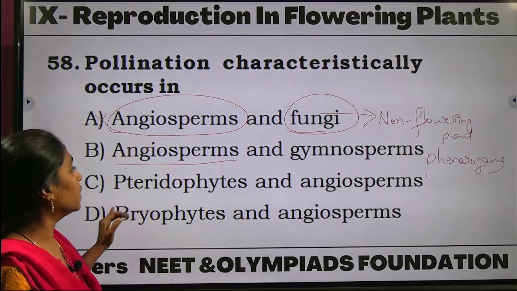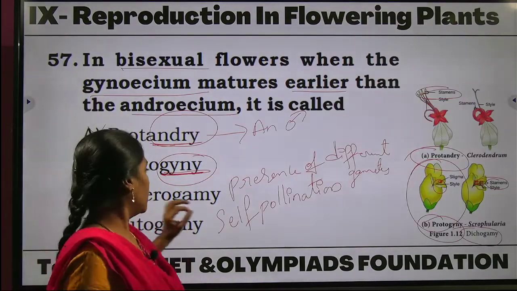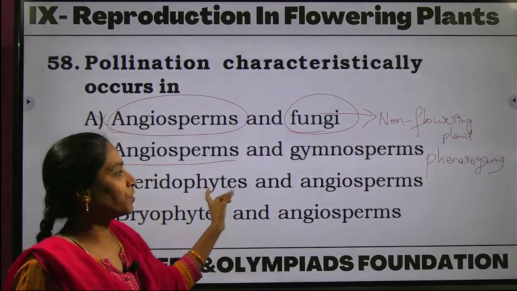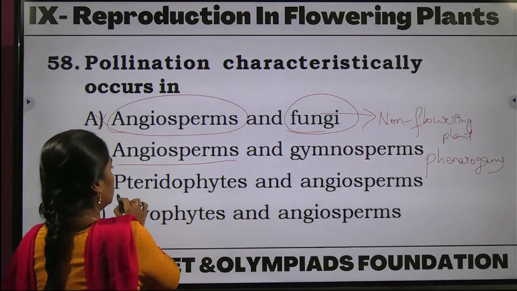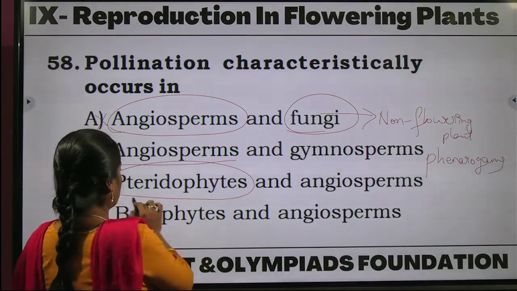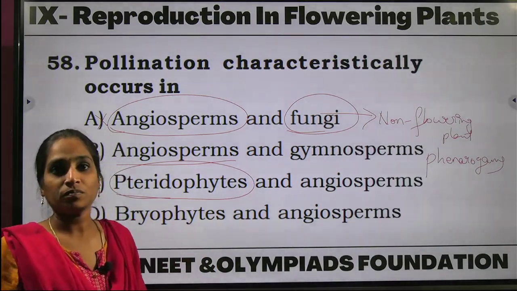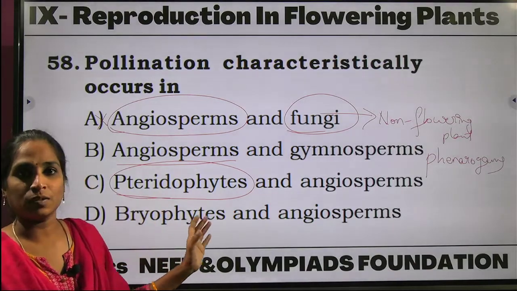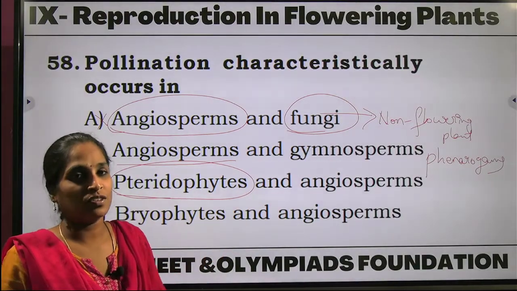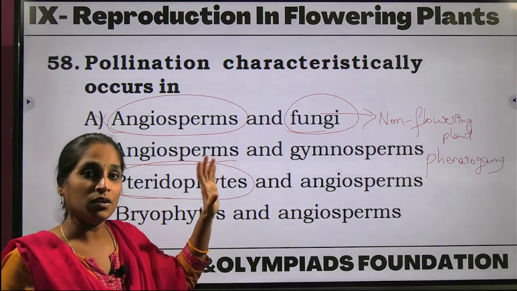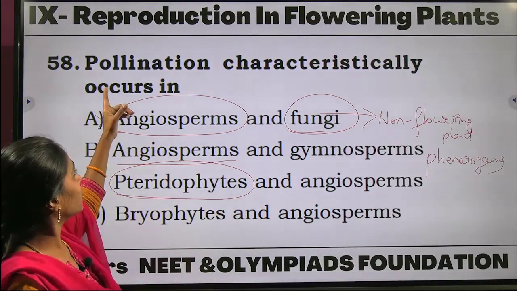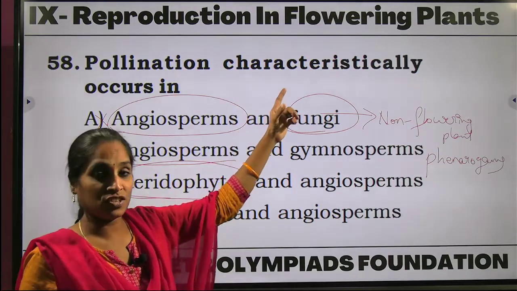What about pteridophytes and angiosperms? What are pteridophytes? Within the pteridophytes, a type of fertilization occurs but there is no pollination process. So pteridophytes have no requirement for pollination, but the question asks where pollination characteristically occurs.